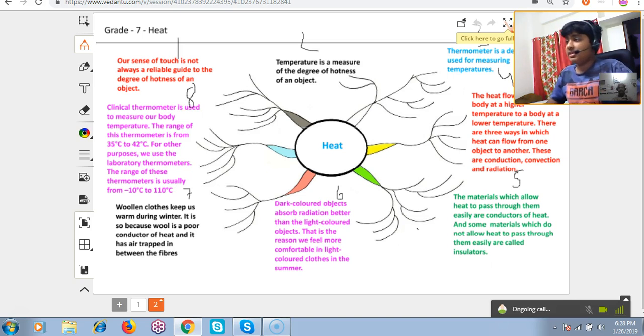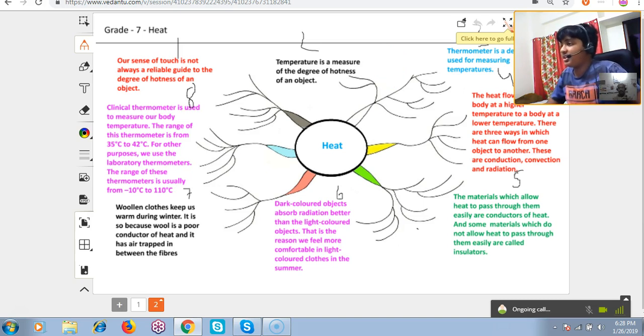Let's say that this is the pot and this is the flame. This is the water inside. The water near the flame will be hotter than the rest, but the heat will slowly spread to this part also. That's what they are trying to explain over here.